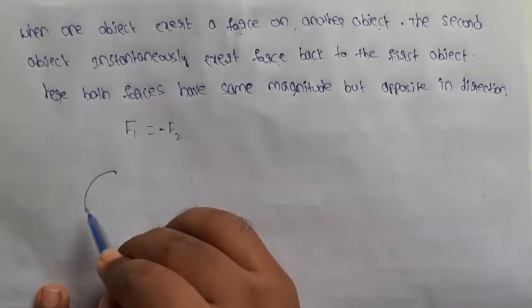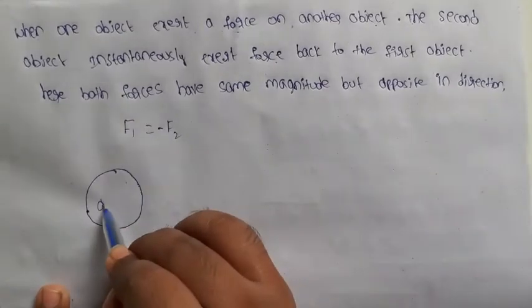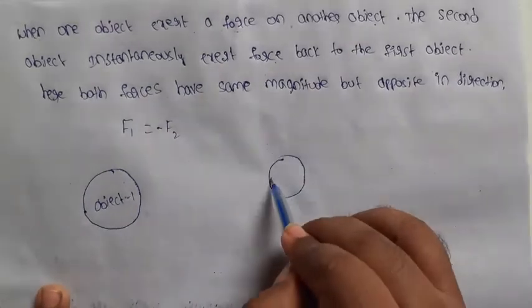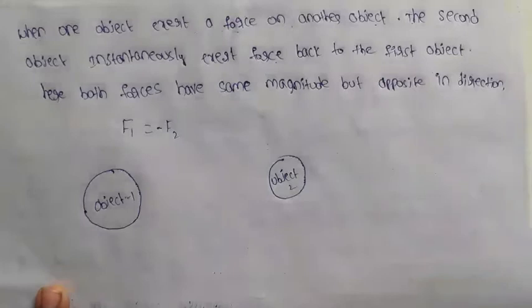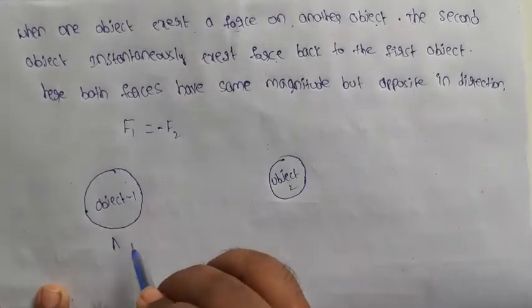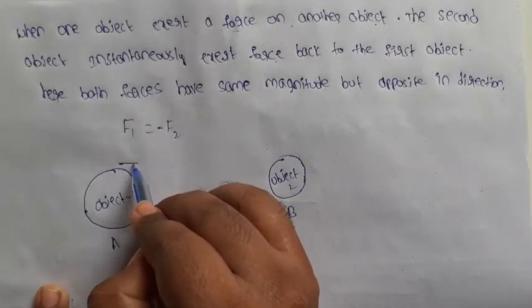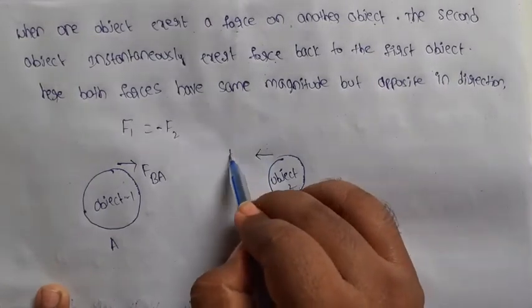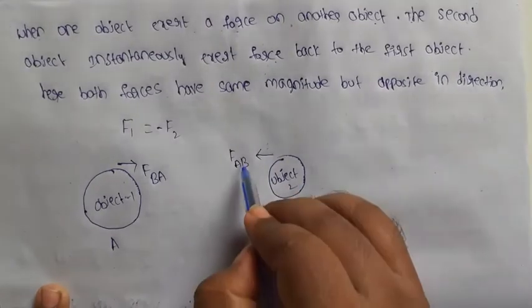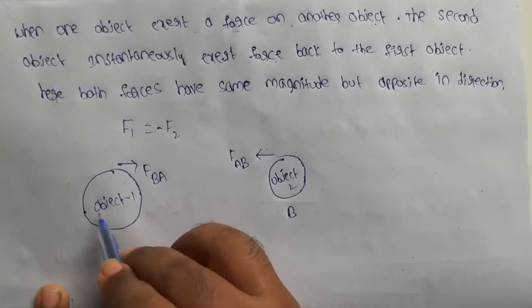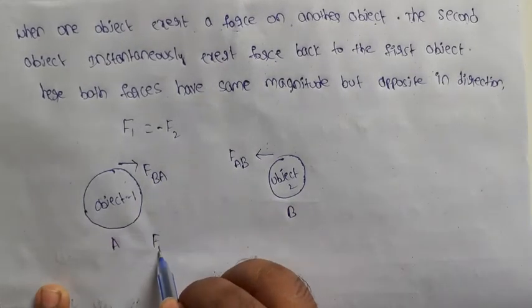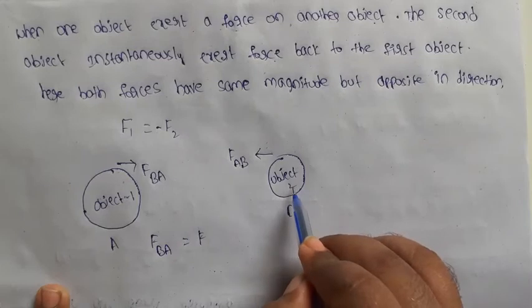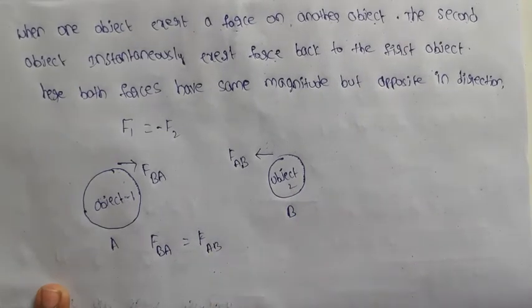Suppose this is object 1 and this is object 2, this is A, this is B. Here I am applying the force of B on A, and here the force of A on B. So the force acting on object A, FBA, is equal to the force acting on object B, FAB.